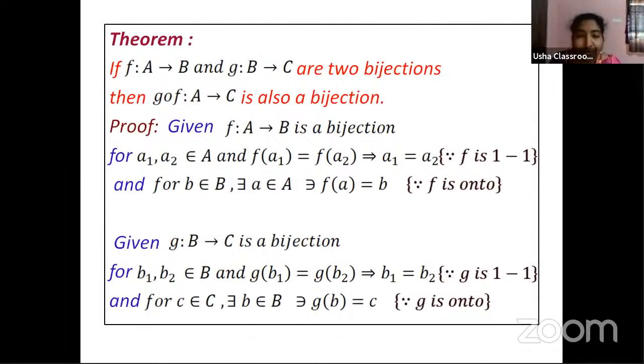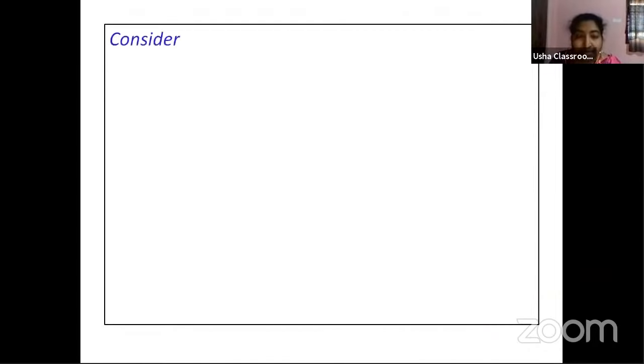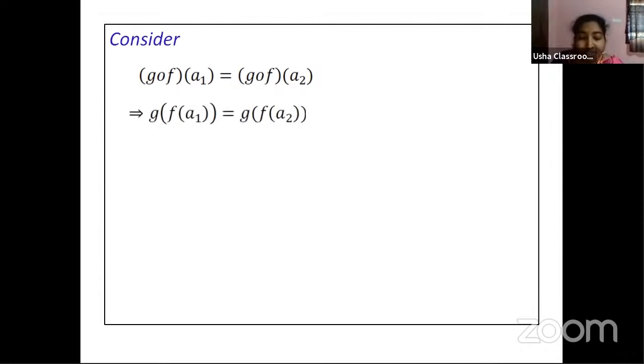All right. So let us consider G circle F of A1 is equal to G circle F of A2. Then it implies G of F of A1 is equal to G of F of A2 by the definition of the composite function. All right. Then you are given that G is 1, 1.